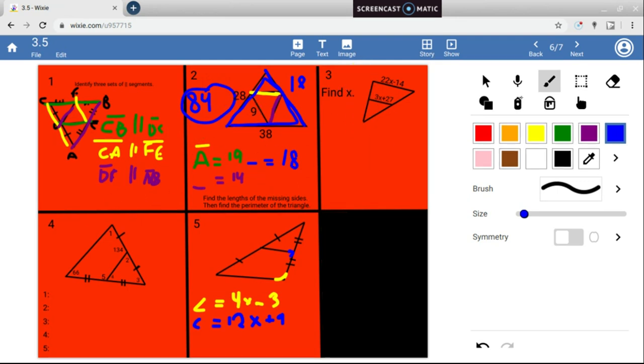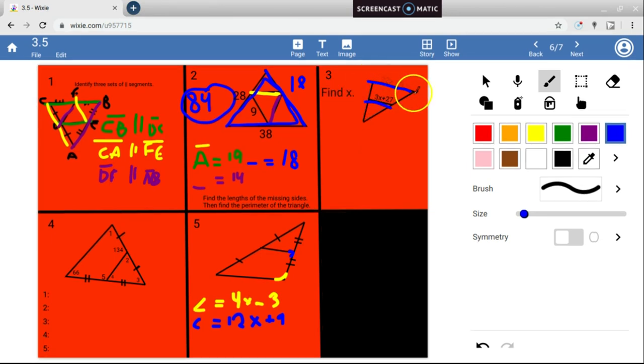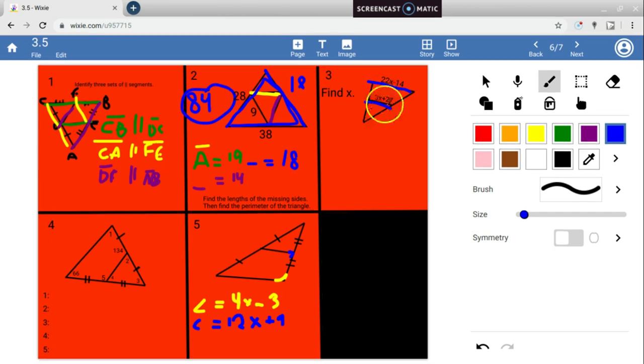Find X for number 3. Alright. Well, first let's just focus on these 2 angles. Just try to forget everything else. Right now, we know that those are going to be parallel. And we also know that the bigger angle is going to be 2 times the smaller angle.